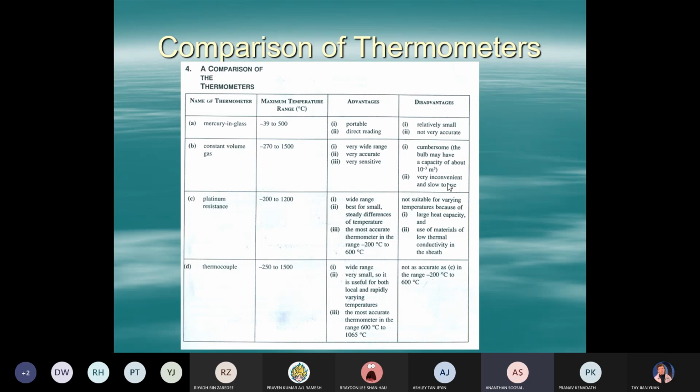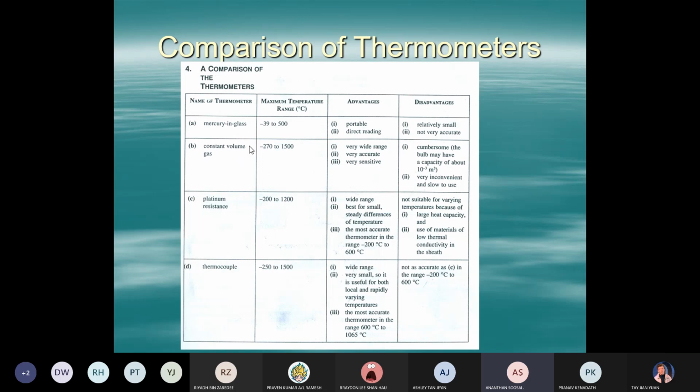Let's say you want to use it to find the temperature of your body. How are you going to use it? The patient needs to hug the flask. So it's not very convenient.